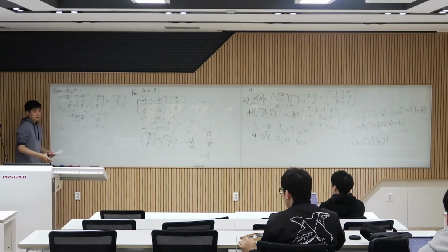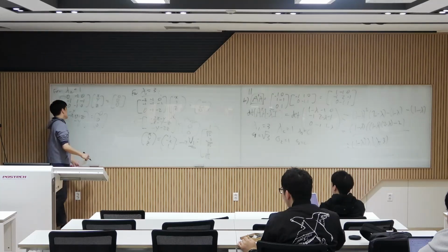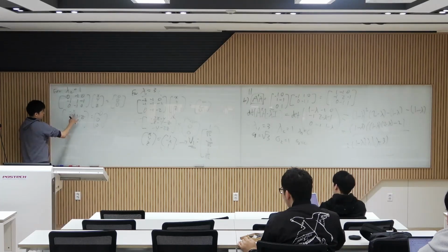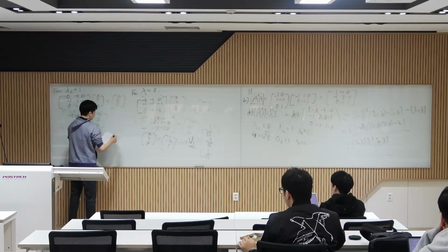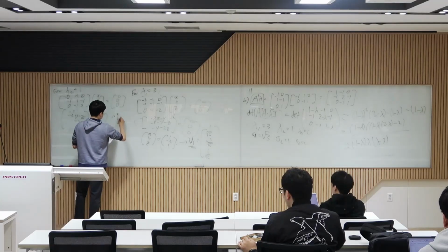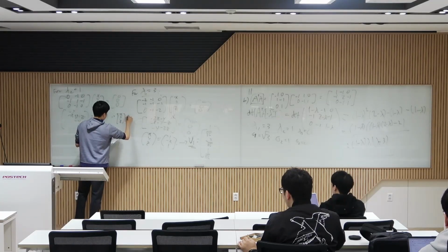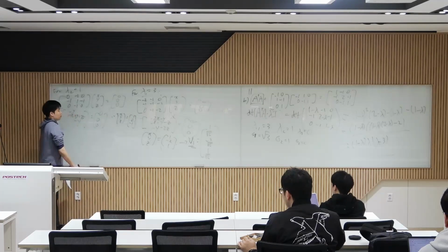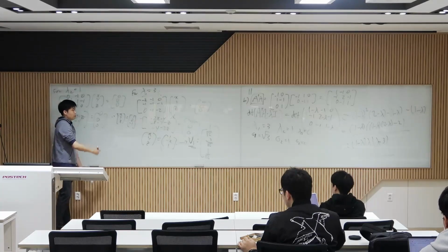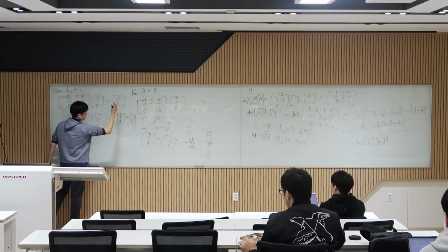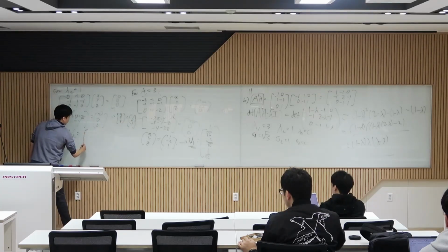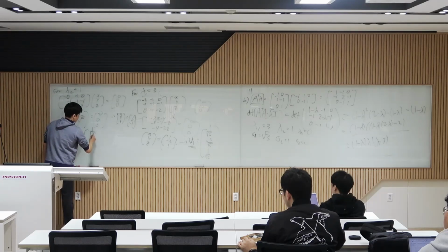So this equation gives us y is equal to 0. But for x and z, there should be different signs. X and z should have different sign. So we can write x, y, z is equal to 1, 0, negative 1. Also we want this eigenvector to be unit length, so we divide this vector by its size, which is root 2, and we get the second eigenvector as this.